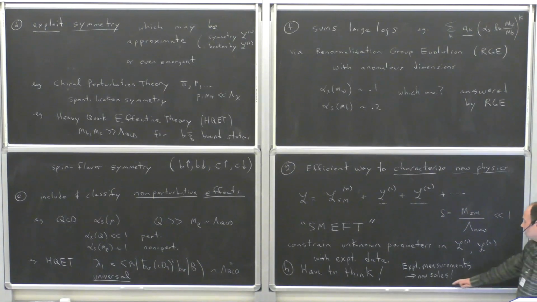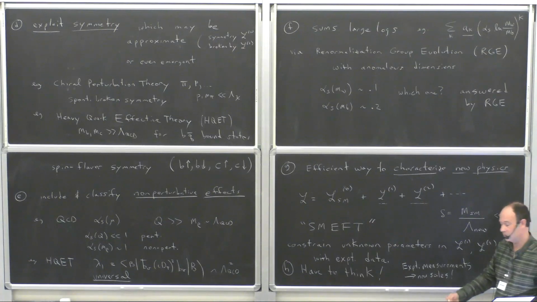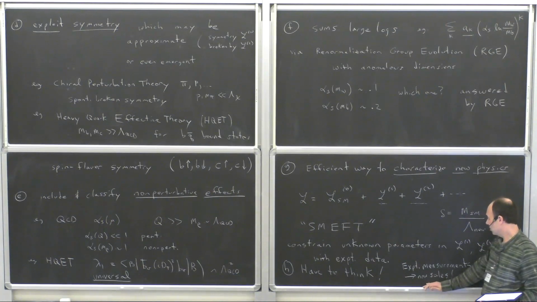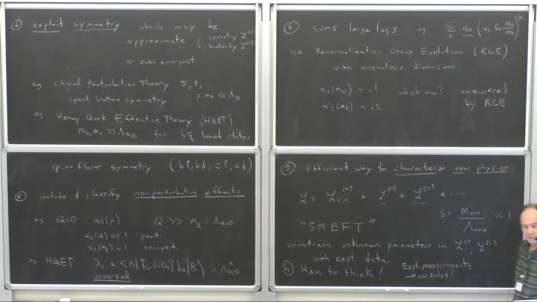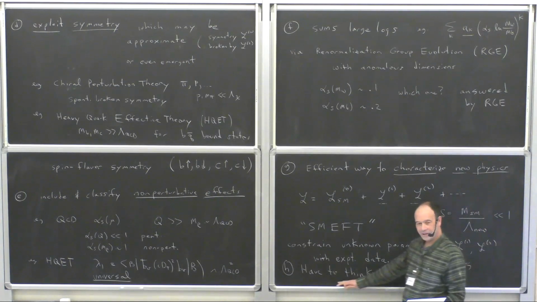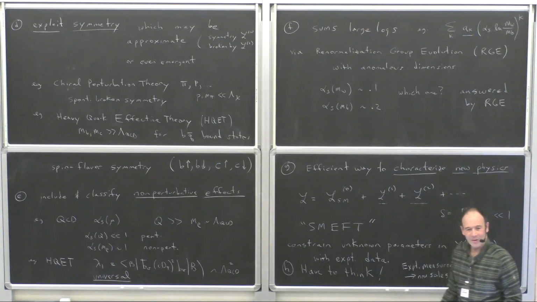If you get new scales, that might mean you need a new effective field theory. So depending on exactly what is measured, the baseline might be that it's a certain process, but depending on exactly what the cuts are, the size of the scales that are introduced by those cuts, you might need to think about all that too when you're designing your effective field theory. And these things all go under the category of that you better think.